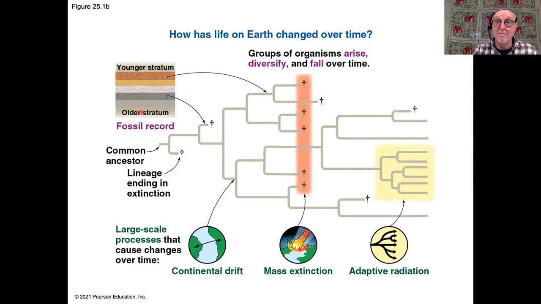And if we look at the fossils as we proceed up to the younger strata, we see, first of all, that fossils here at the bottom are very, very different to the fossils at the top. But if we move gradually through these strata, we find that the differences accumulate slowly.